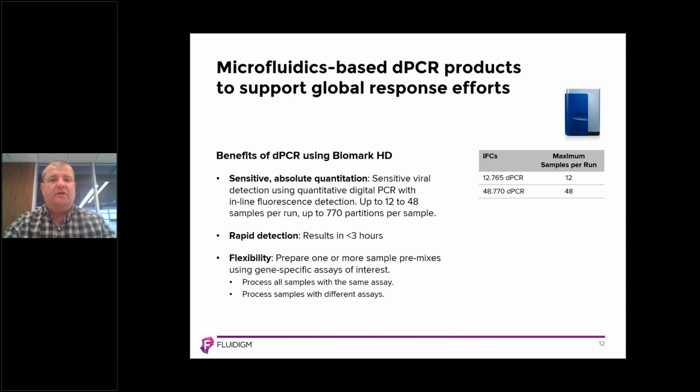You may recall from the overall introduction session last week that the digital IFCs split your samples up into individual reaction chambers. And so the 12 samples are split into 765 individual reaction chambers, or 48 samples are split into 770 individual reaction chambers. This means that you are able to get the sensitivity that is required to screen for the viral transcripts using digital PCR.